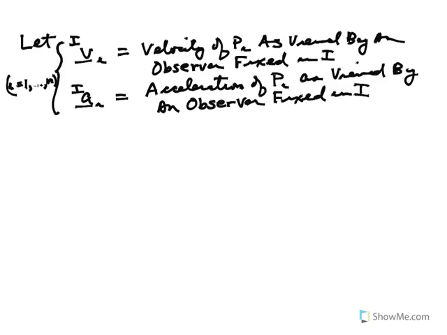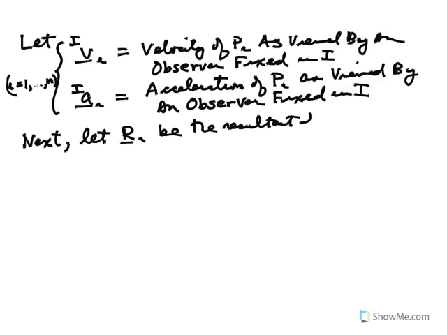Now, given these definitions, we're going to apply Newton's laws to each particle in the system. So next, let Ri be the resultant force acting on Pi, and again, i goes from 1 to n.